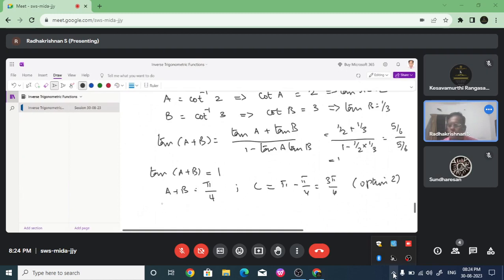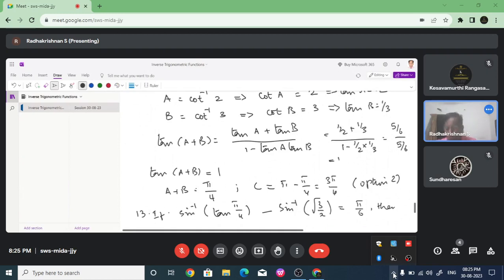Question 13. Sine inverse of tan pi by 4 minus sine inverse of root 3 by root x equal to pi by 6.